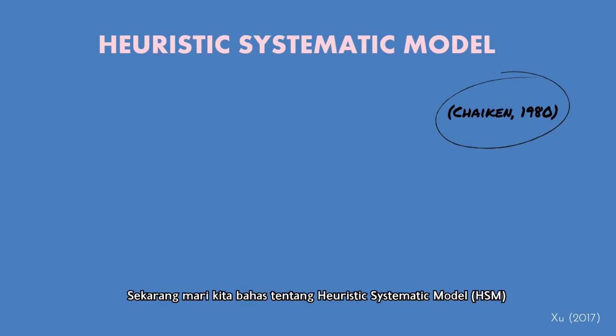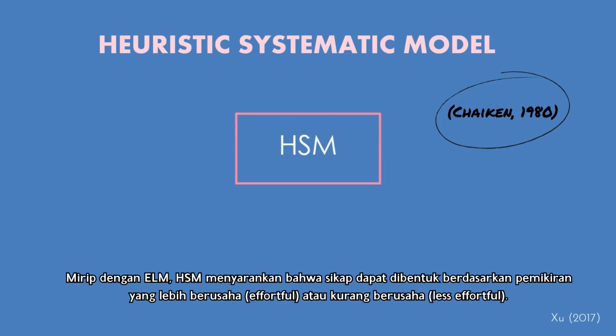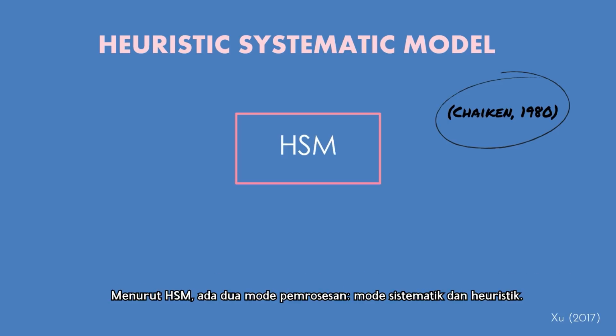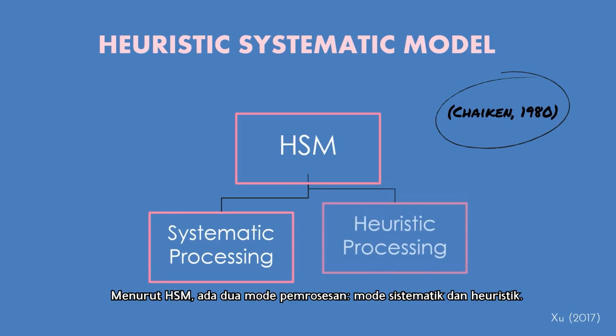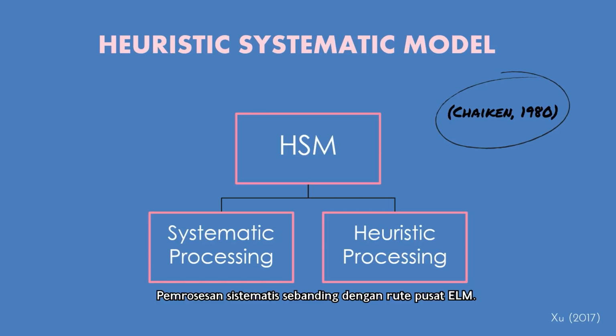Now let's move on to talk about the Heuristic Systematic Model, or HSM. Similar to the ELM, the HSM suggests that attitudes can be shaped by either more effortful or less effortful thinking. According to the HSM, there are 2 processing modes, the systematic and the heuristic. Systematic processing is comparable to the central route of the ELM.